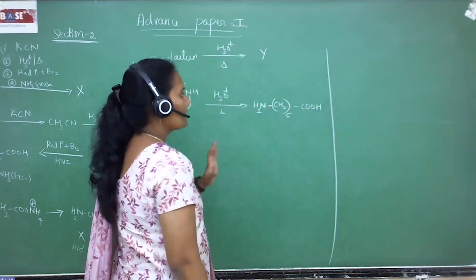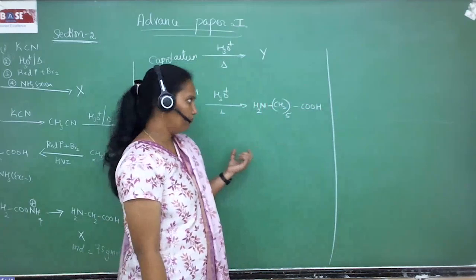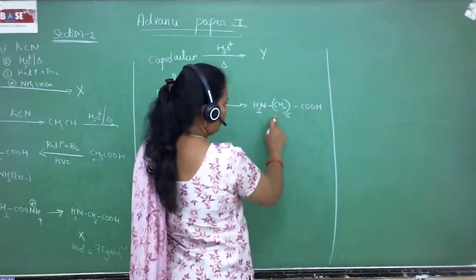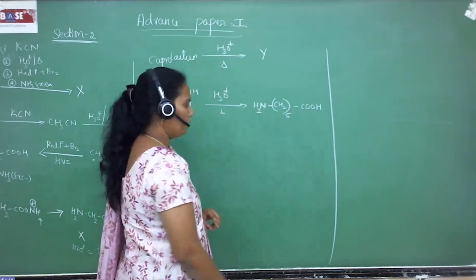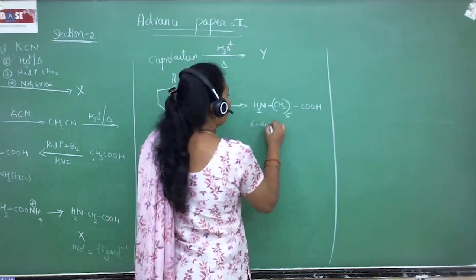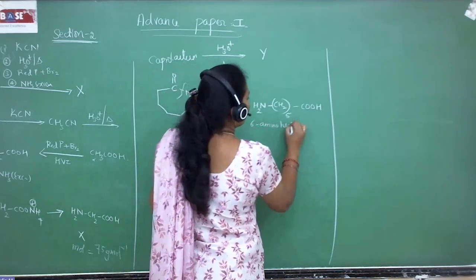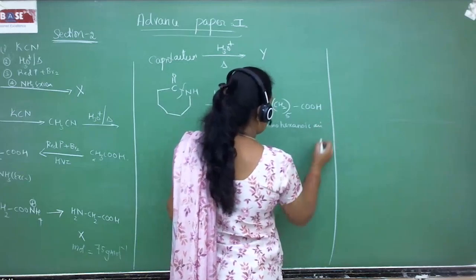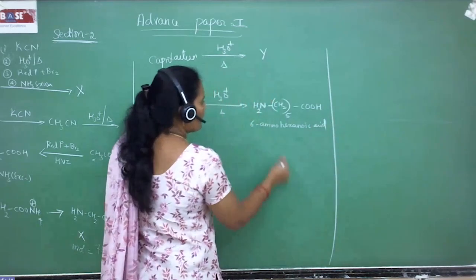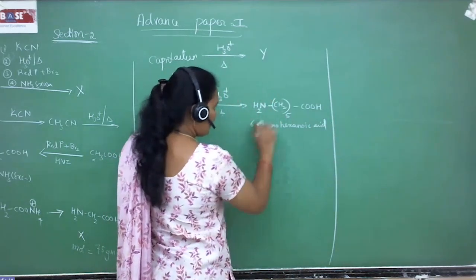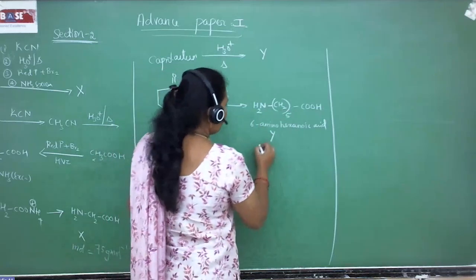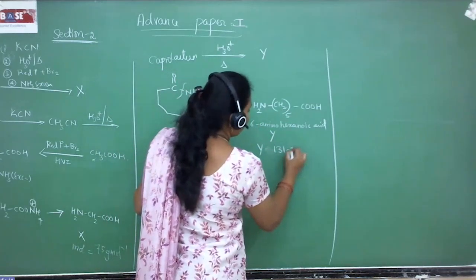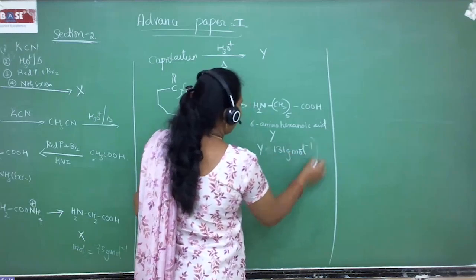That is nothing but 6-aminohexanoic acid. 6 amino, this is the first carbon and you have 5 here, and in the sixth position you have an amino group, that is 6-aminohexanoic acid. Therefore, this is nothing but Y. Now let us find out the molecular mass of it. The molar mass of Y was found to be 131 grams per mole.